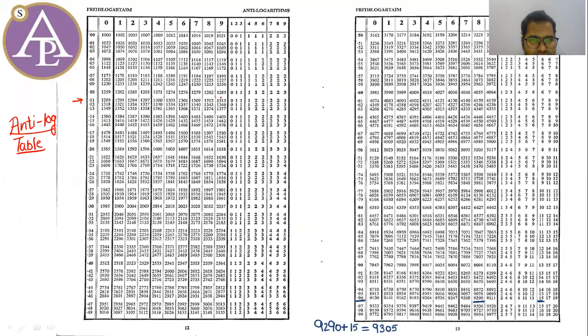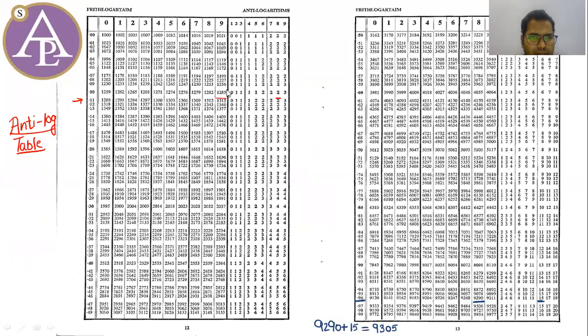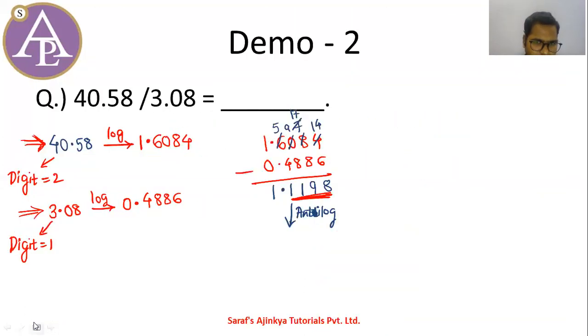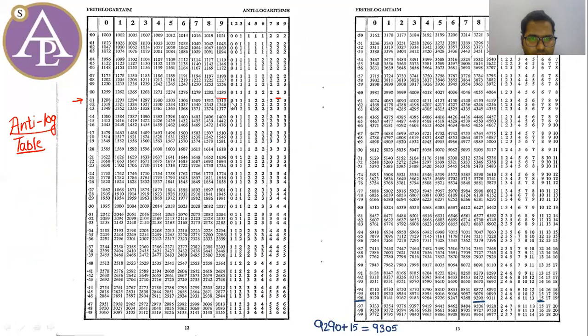Then this is 9 and this is 8. So the number was 1198. Was it 1198? Yeah, 1198. So I get 1315 plus 2. So I will get 1317.